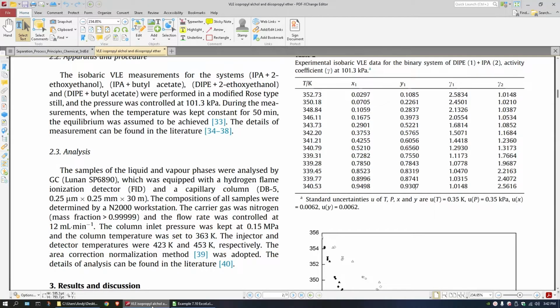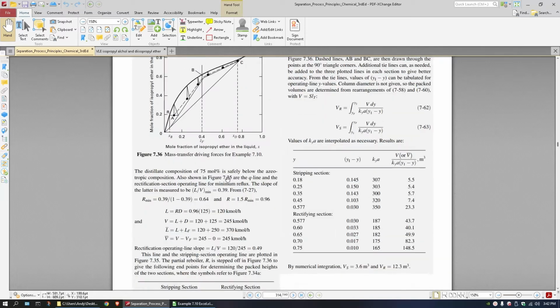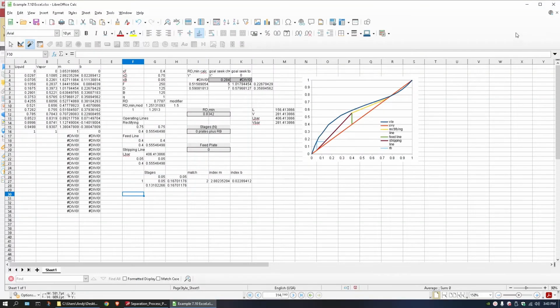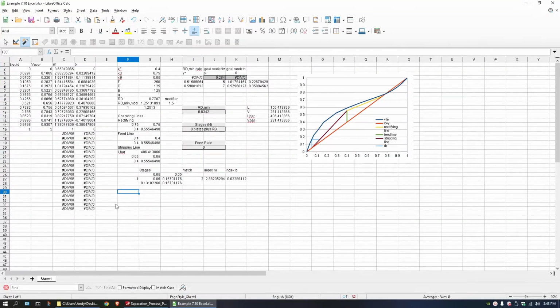So the next part would be to essentially use the Kya and Kxa values, our mass transfer coefficients, to solve for our specific y's and x's. So those values are here, Kya, Kxa.